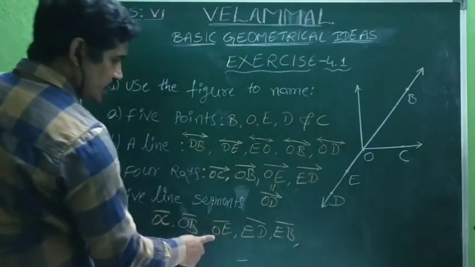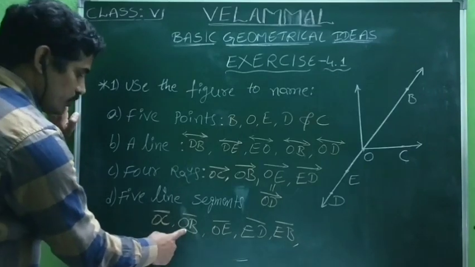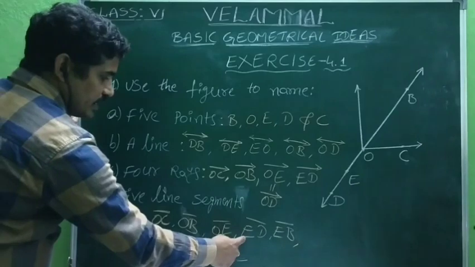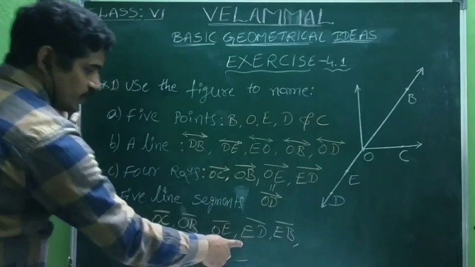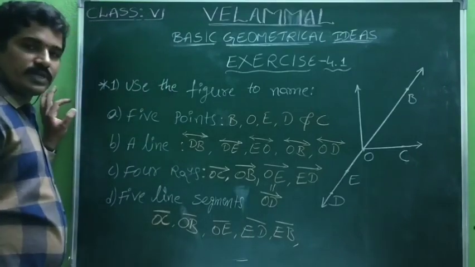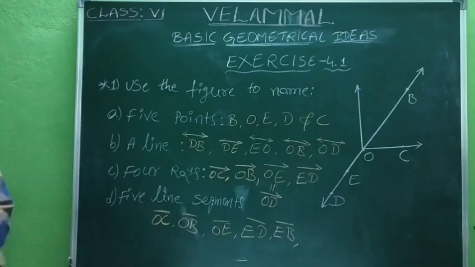OC also can be written as CO, OB also as BO, OE also as EO, ED also as DE, and EB. So these 5 line segments we can consider from this figure. Okay, take the answer.